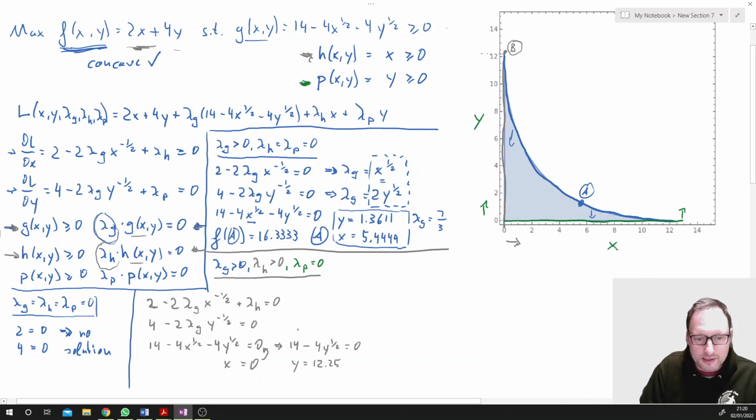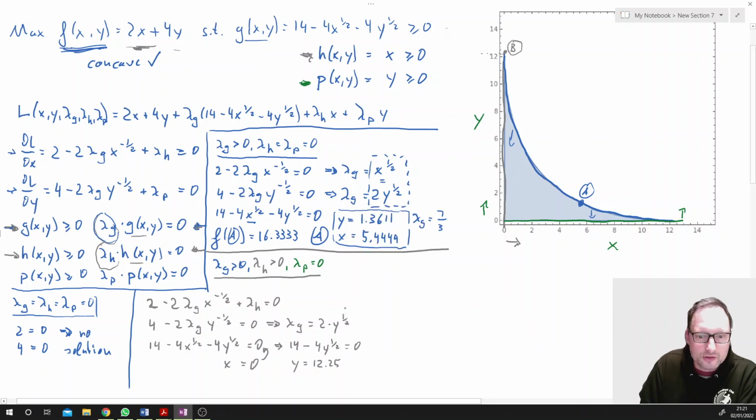What you actually find is that lambda g, and we had that equation up here, is equal to 2 times y to the half.